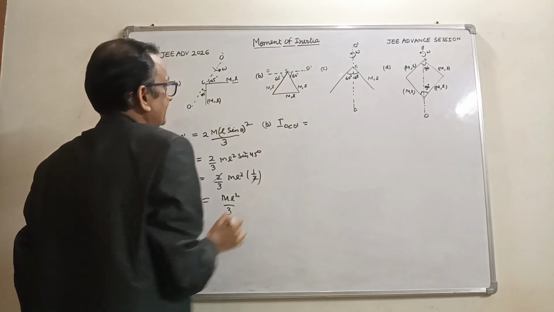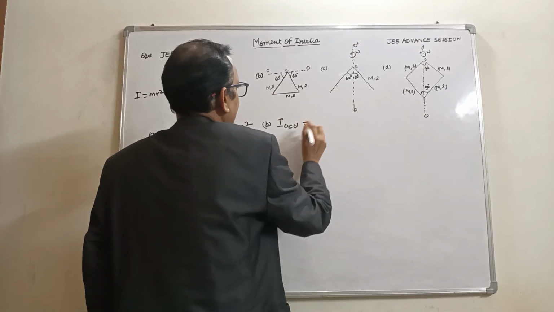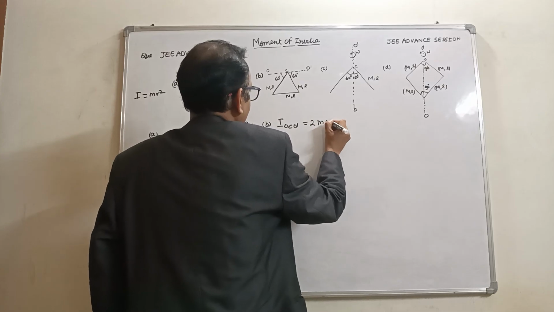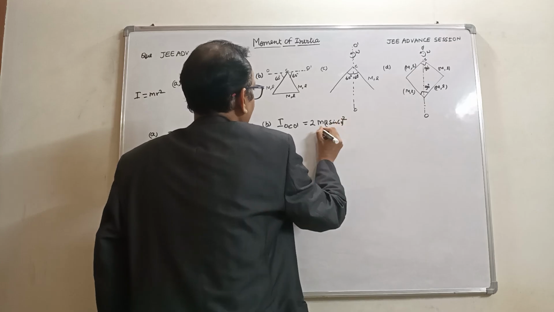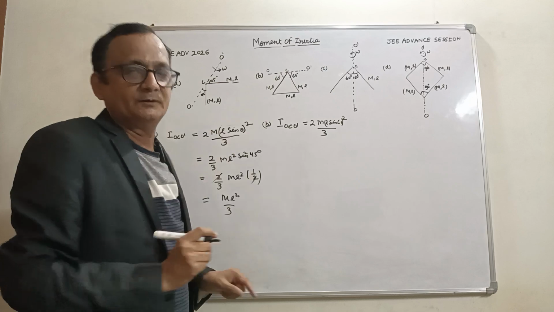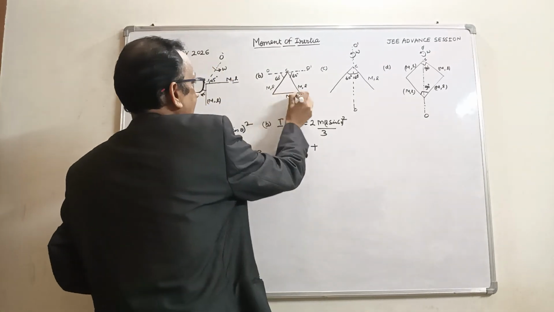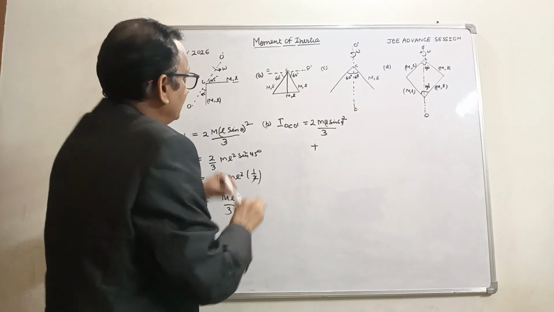So we write here 2 times m (L sin 60) whole square by 3, that is ml square by 3 moment of inertia of the rod about the hinge, plus ml square with the perpendicular distance.